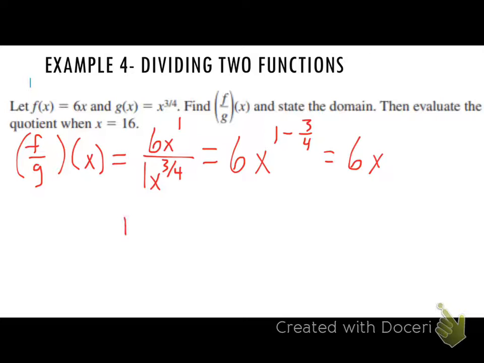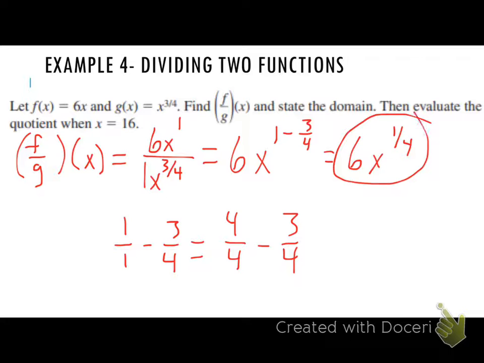So I have 1/1 minus 3/4. What's a good common denominator? What's that new numerator? 4/4 minus 3/4 gives me 1/4. So f divided by g of x gives me 6x to the 1/4.